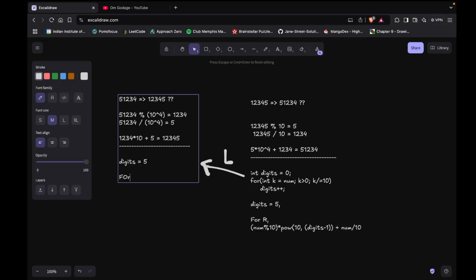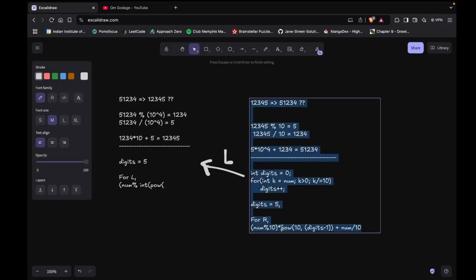Then for L, what you'll do is, okay, you will have num percent pow. Okay, you will also have to use int over here. I forgot to mention that.